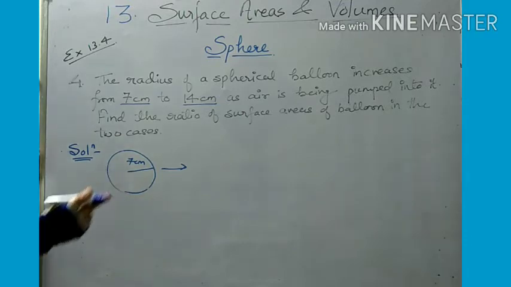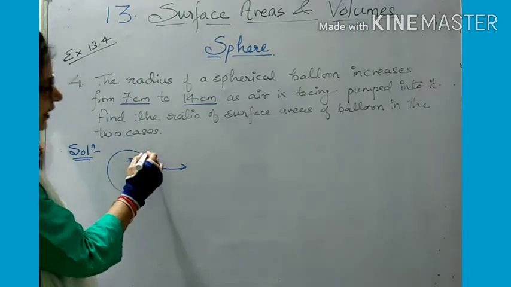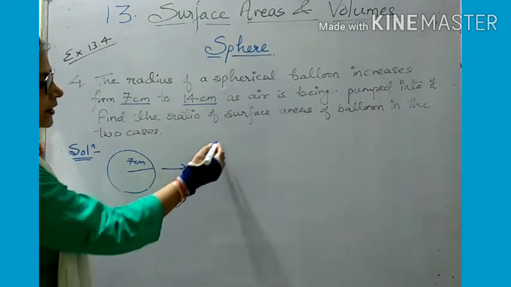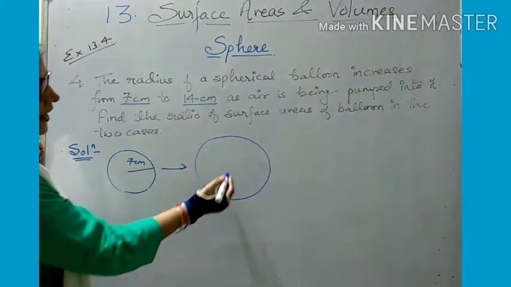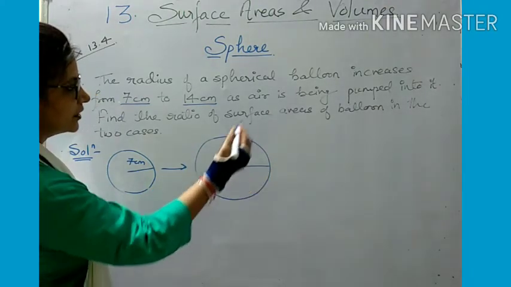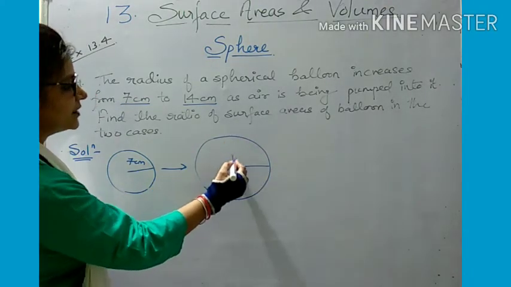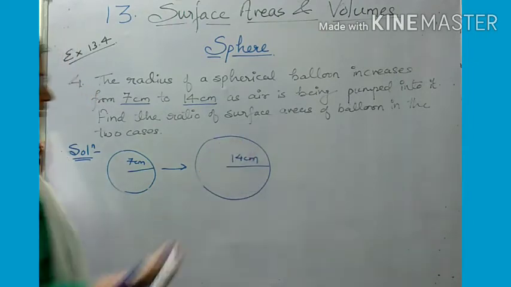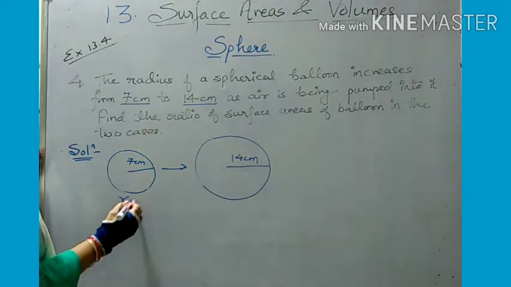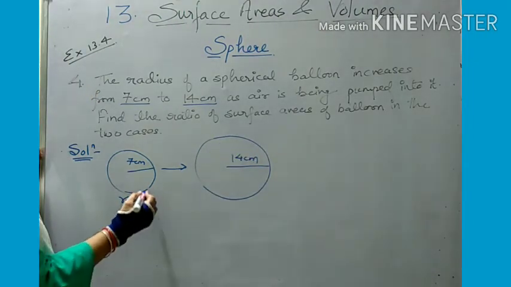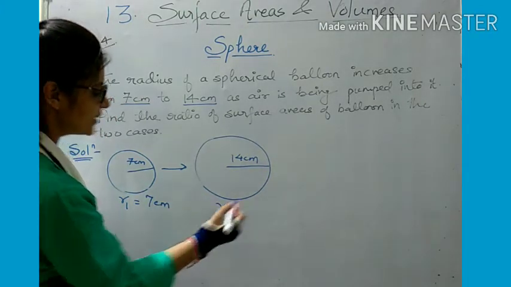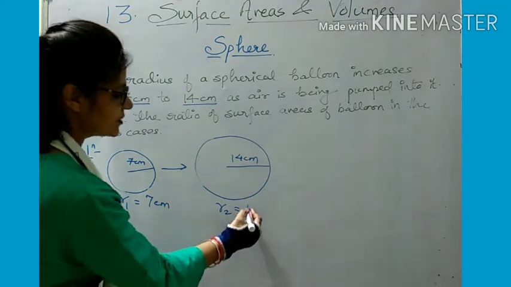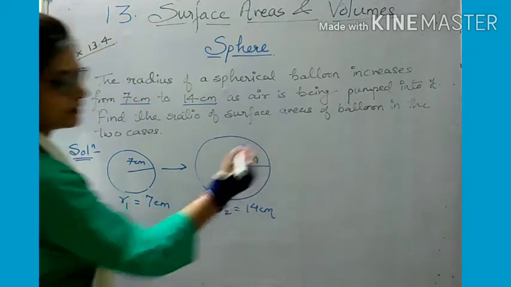So, in the first case, what is the radius? 7 centimeter. And when air is being pumped into it, its size increases, and now the next radius is 14 centimeter. So, what is our R1? Radius in the first case is 7 centimeter. And R2, meaning radius in the second case, is 14 centimeter.